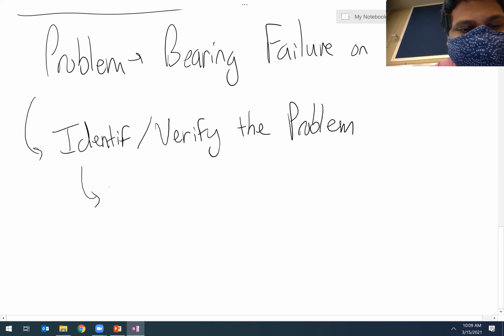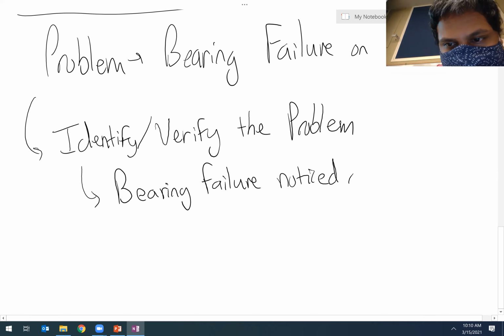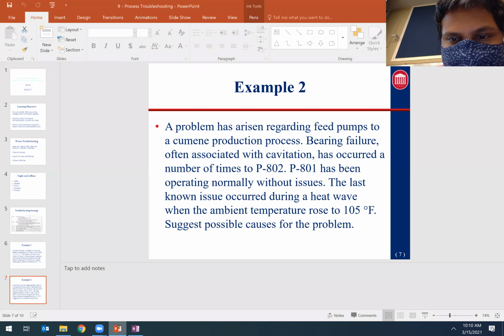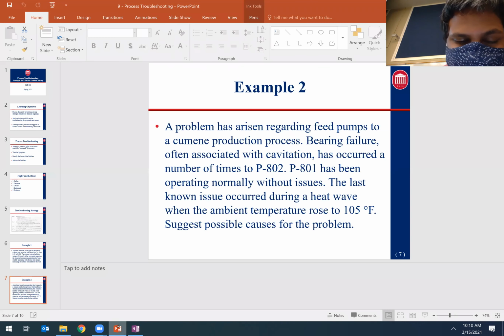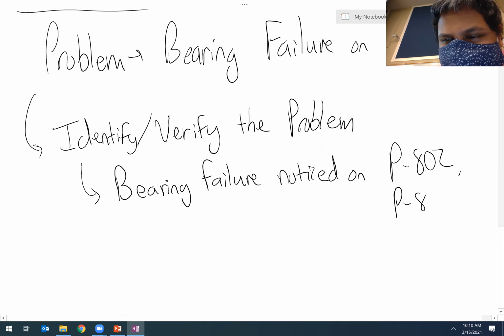So I will say bearing failure noticed on P802, and P801 is operating fine.